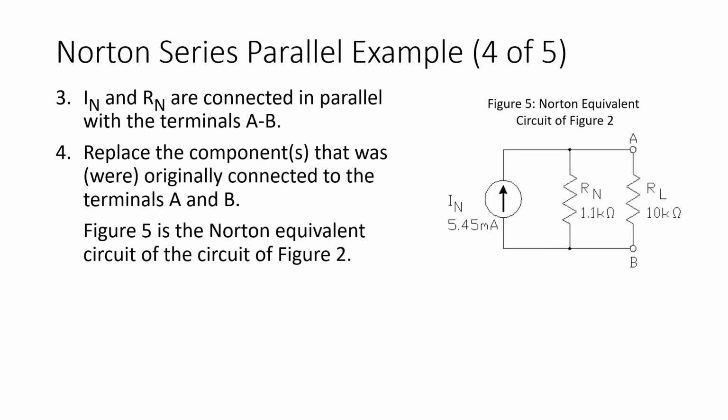Then we place IN and RN in parallel with the terminals A and B and connect the component or components that were originally connected to those terminals. The circuit of Figure 5 shows us the Norton equivalent circuit of the circuit of Figure 2 with respect to terminals A and B, or as seen by RL.